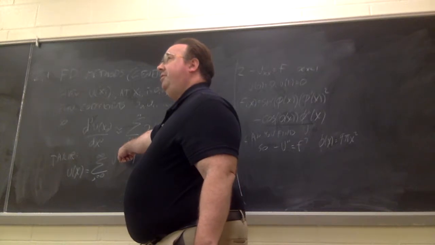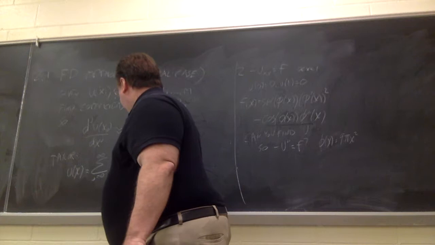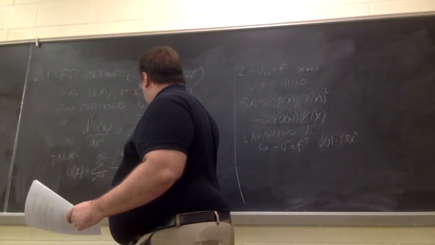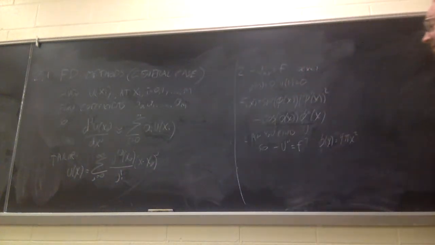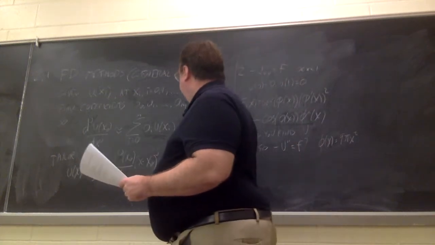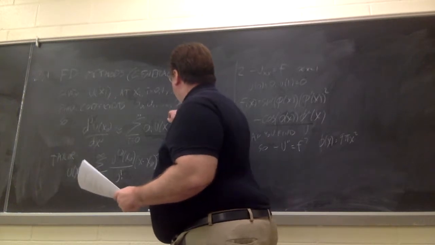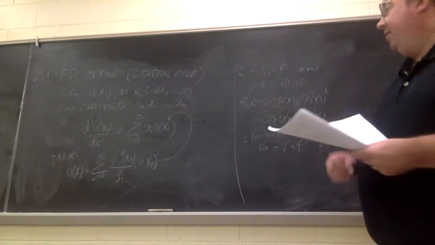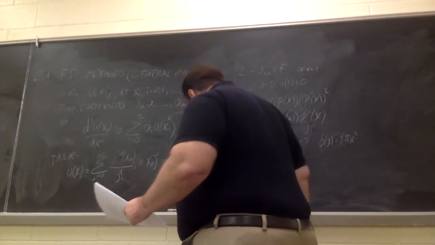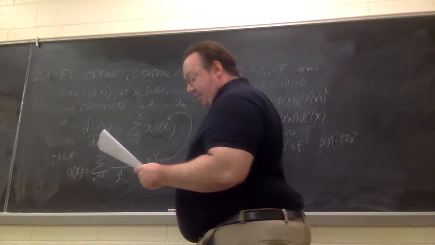Superscript in parentheses means derivative, so this is a jth derivative at x naught. What I'm going to do is substitute that Taylor expansion in here, and I'm going to introduce shorthand.